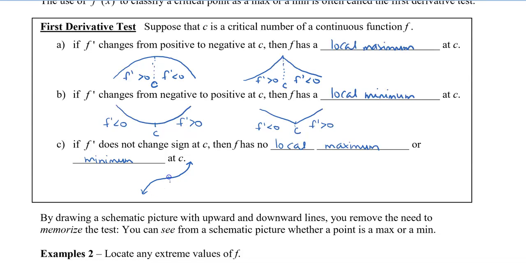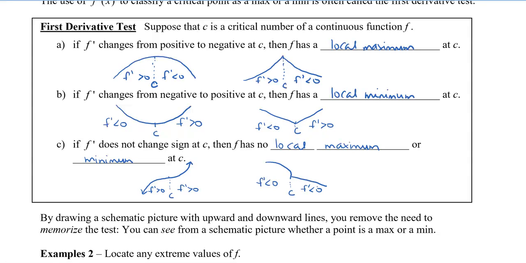Here at C, the slope is greater than 0, and then on the right of C, the slope is still greater than 0. We can even have some piecewise function that looks like this. So here at C, on the left, f prime is less than 0, and still on the right side, f prime is less than 0.